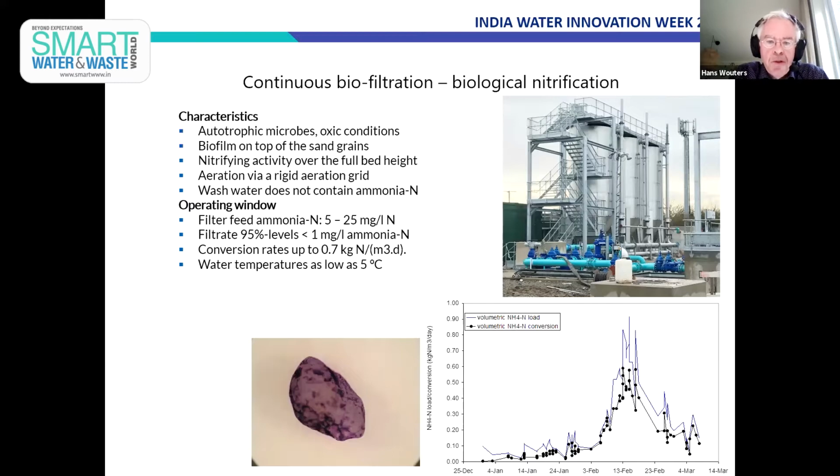And this proved to be a very effective process. Throughout the filter bed, we will have this biomass present, and it will then nitrify all over the filter bed height. In the graph, you can see the ammonia load and the ammonia conversion, which almost coincides, which means that the ammonia is fully removed throughout the filtration process in the continuous sand filter. Next sheet, please.